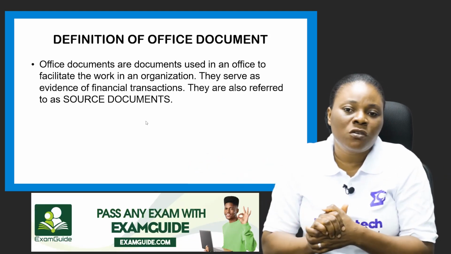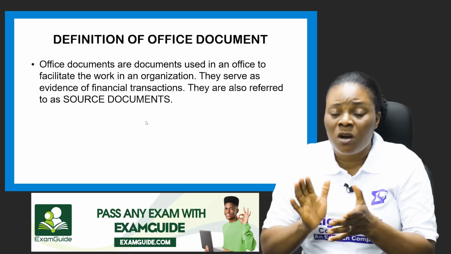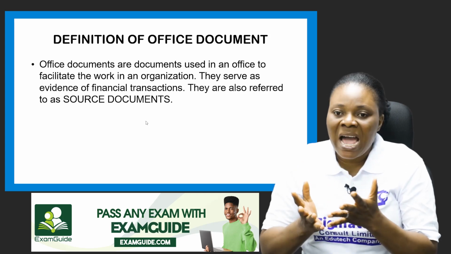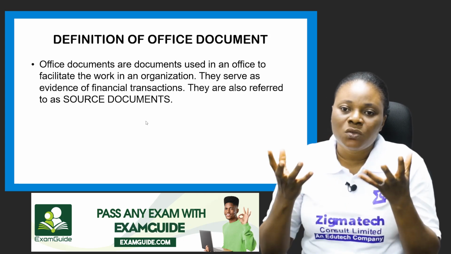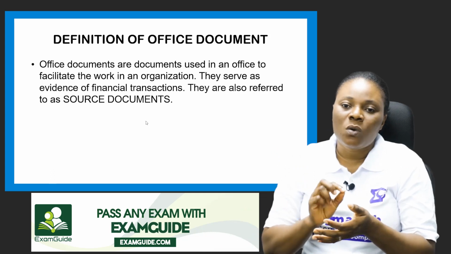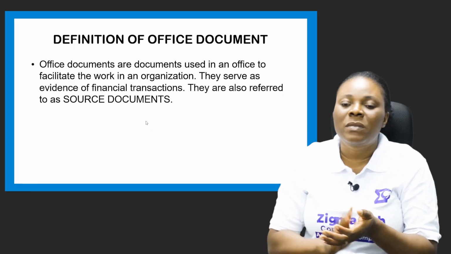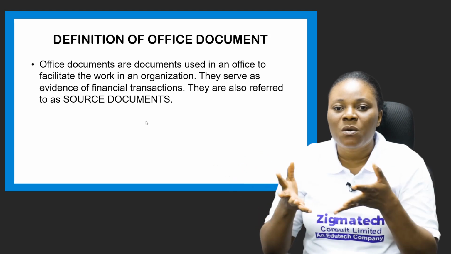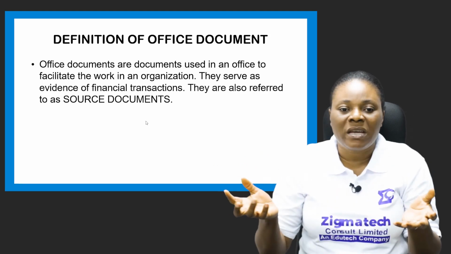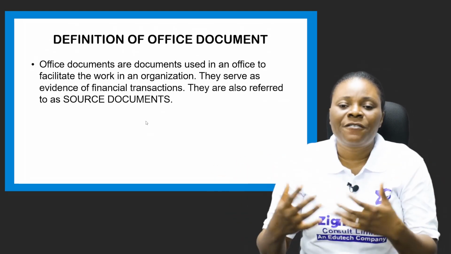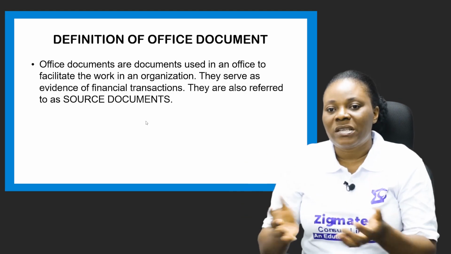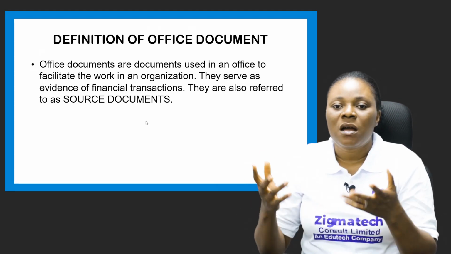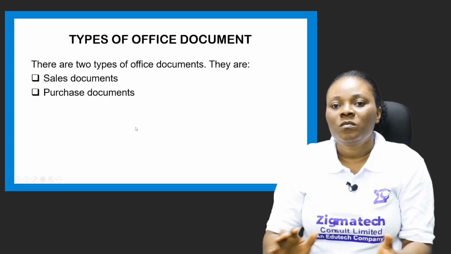But with my source document, which is also an office document, all I need to do is get hold of it, and I have access to my information. So that's the reason why we call them source documents. They are used to get information about transactions for further purposes.